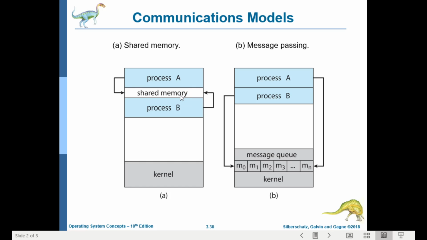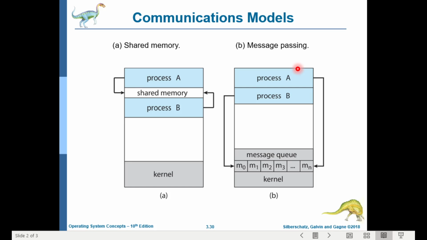While for message passing, communication takes place by means of messages exchanged between the cooperating processes. So that is the difference between shared memory and message passing.